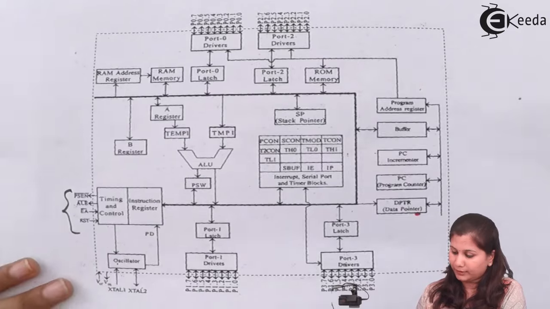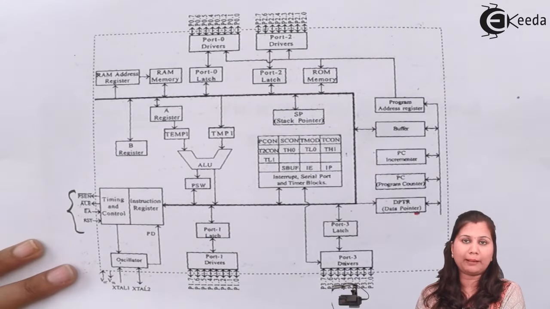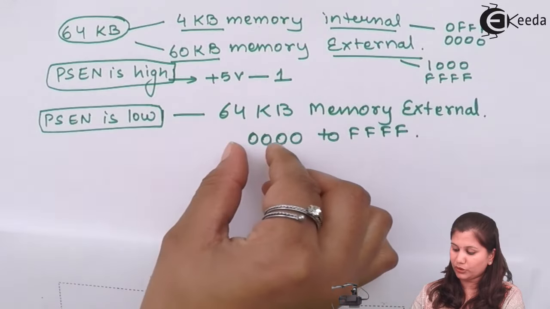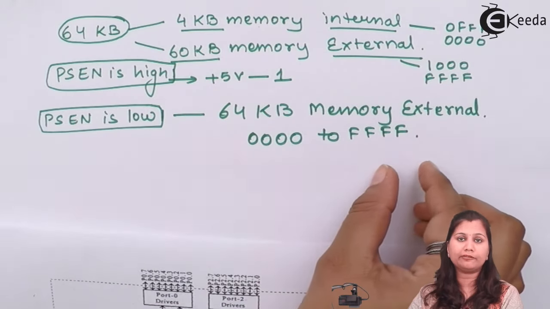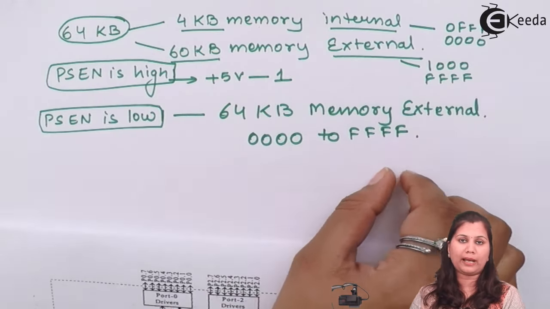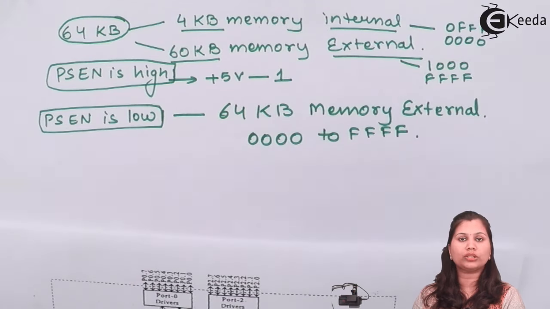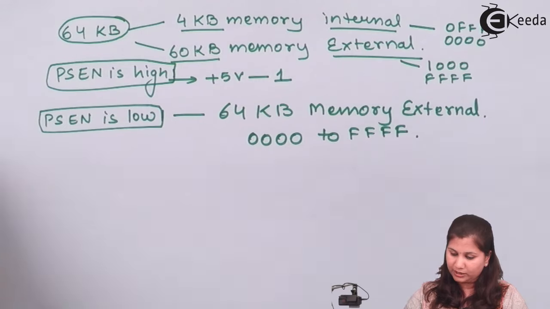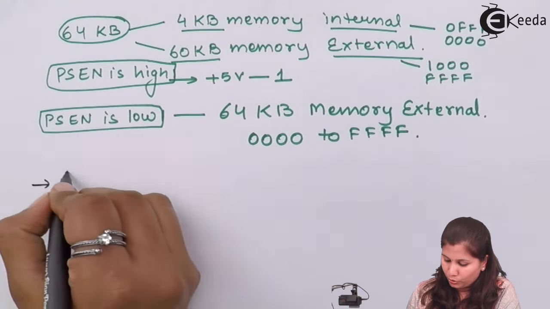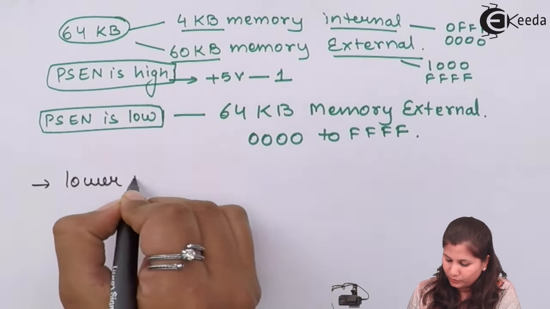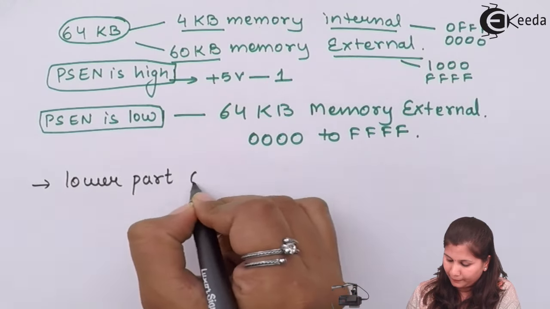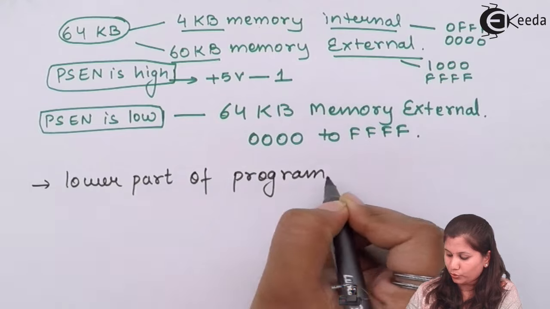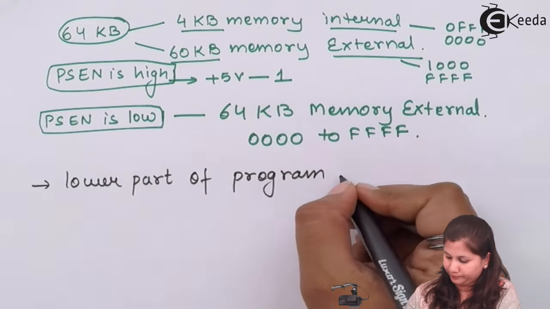The lower part of the program memory is used to store the subroutines for the interrupts. So we can say here that the lower part of program memory is used to store the interrupt structure.